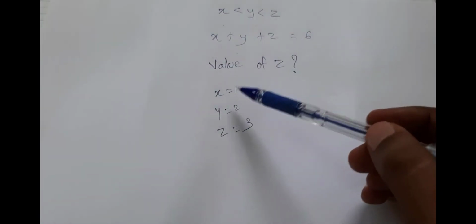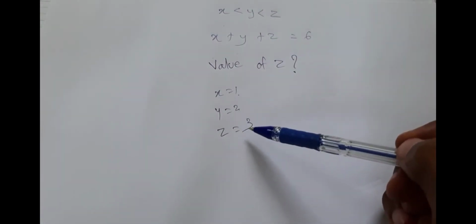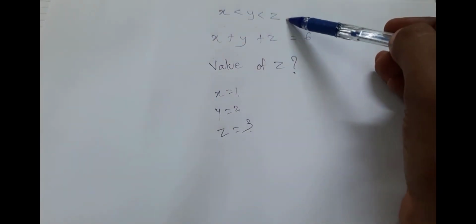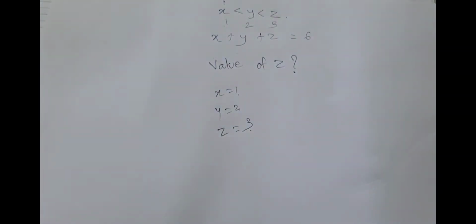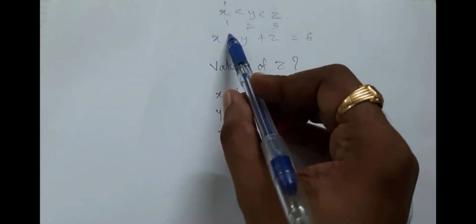This satisfies the first condition, x less than y less than z: 1 is less than 2 is less than 3. And 1 plus 2 is 3, 3 plus 3 is 6.